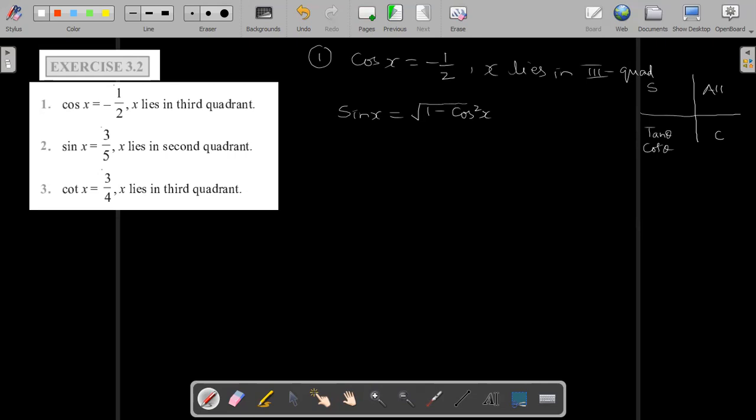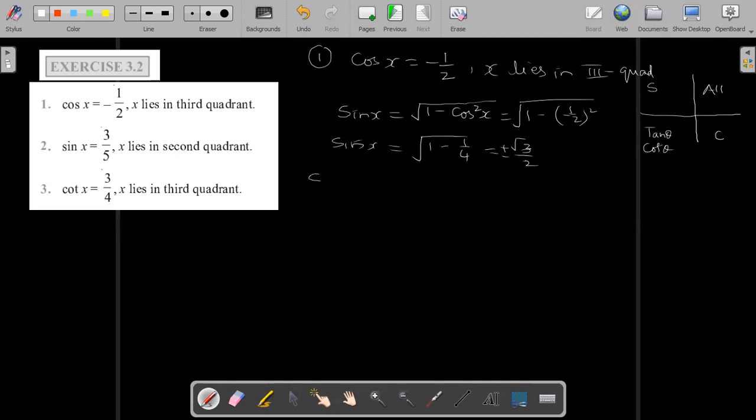Identity number 1 that we studied in class 10. So we can substitute the value of minus 1 by 2 whole square. So sin x is equal to root of 1 minus 1 by 4, 4 minus 1, 3. So root 3 by 2, plus minus actually. This is plus minus, but x lies in third quadrant.